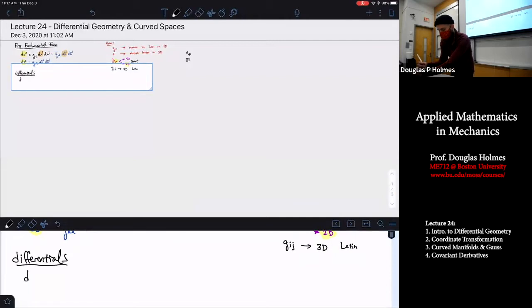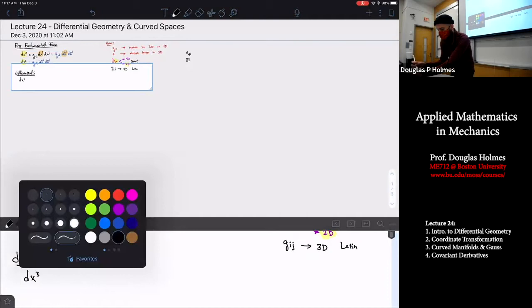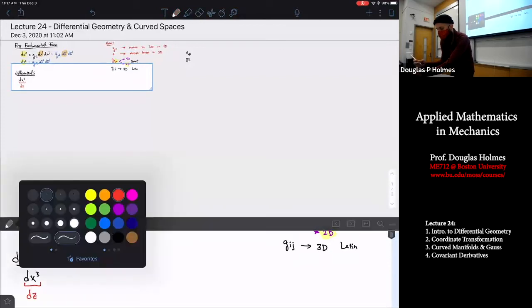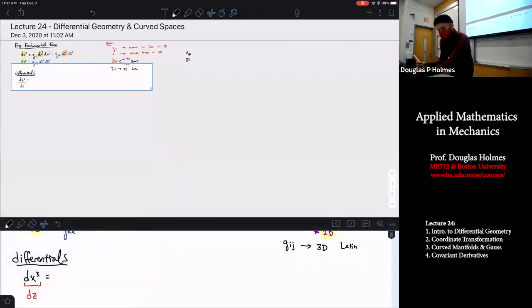Let's say it's dz, which we'll call dx3. And you know that from ordinary calculus, if I want to calculate dz, what I can do is calculate the partial derivative of that infinitesimal with respect to the three coordinates.